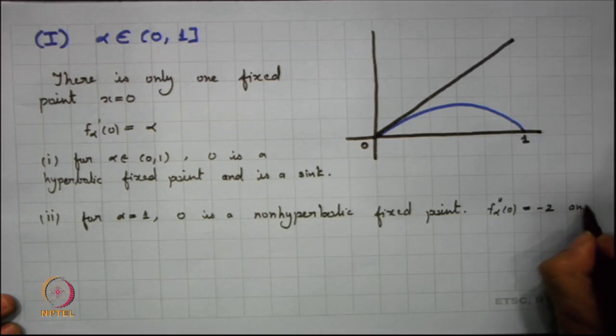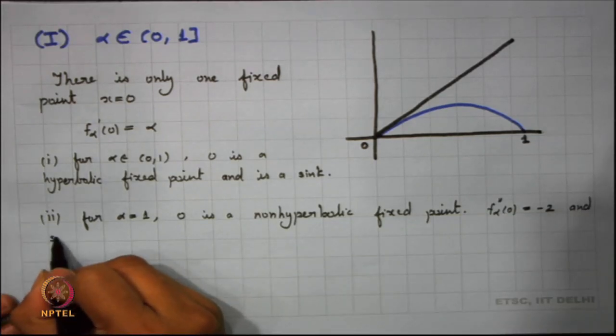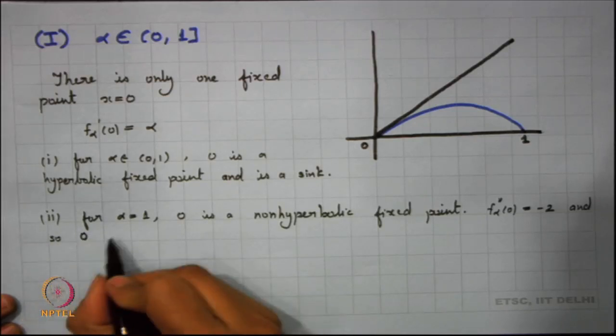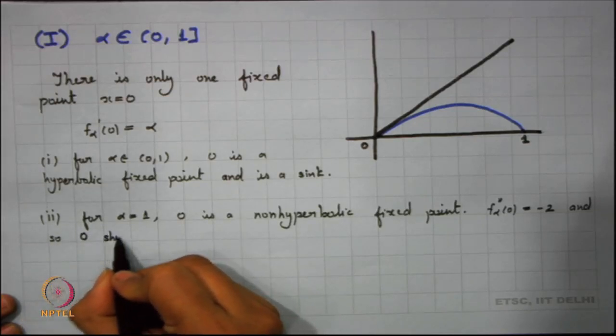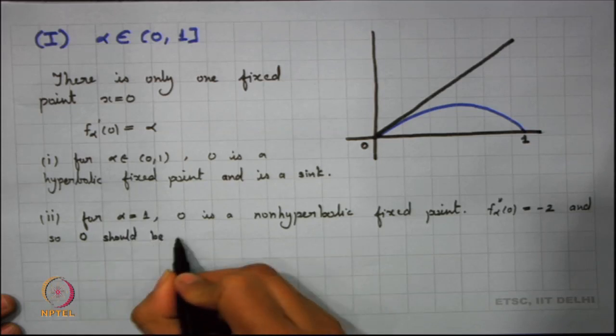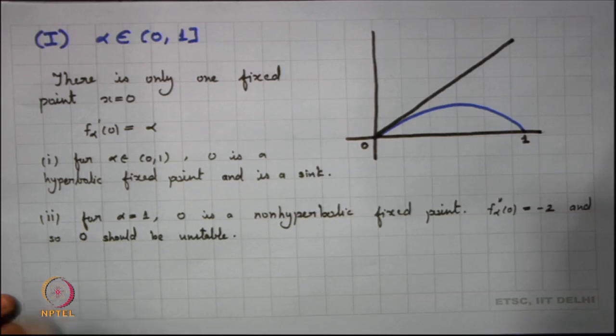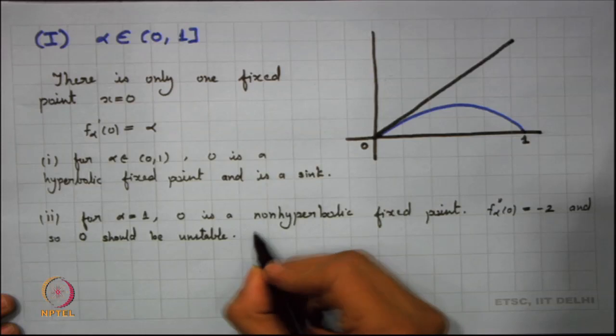And so, we can say that this point 0 should be unstable. According to the theory, it should be unstable. But what is the neighborhood of 0 that we are considering? We are considering the values only between 0 and 1.